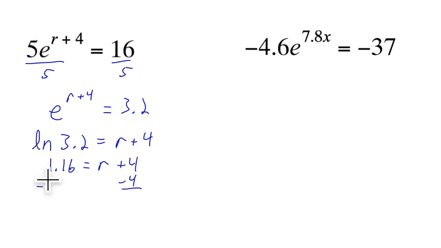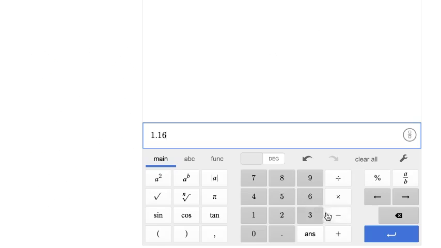Now we'll subtract 4 on both sides. We get negative 2.84.